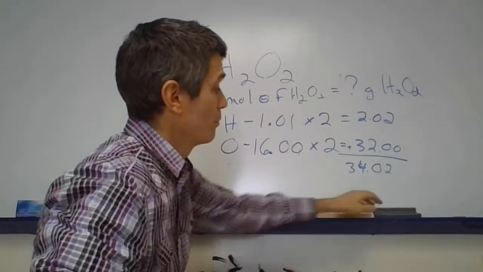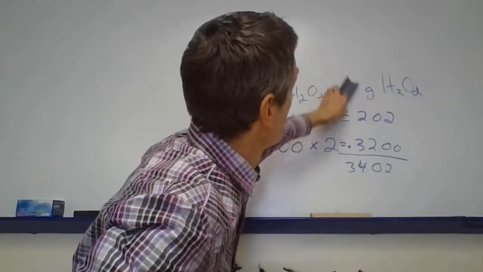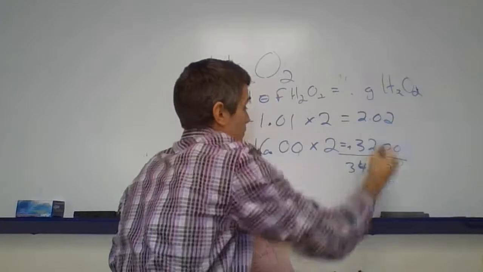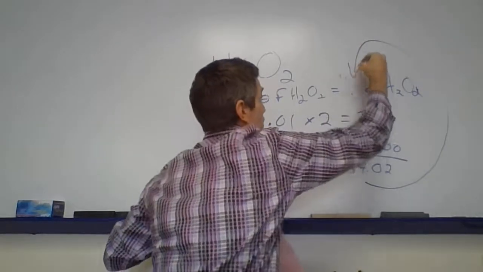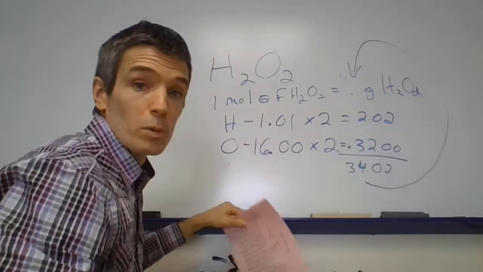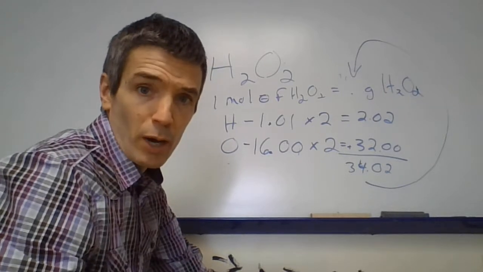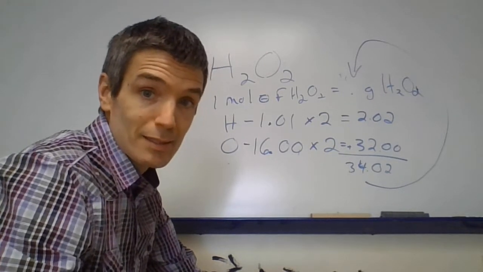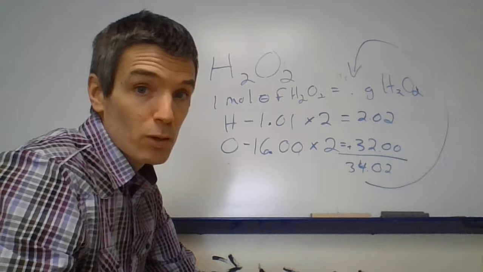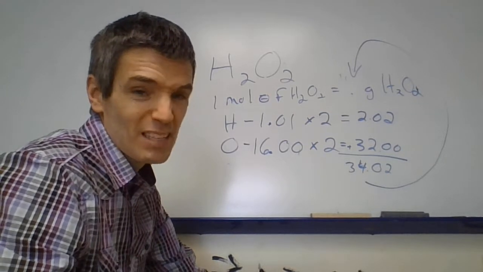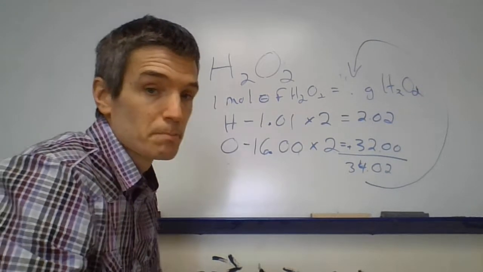So this means one mole of hydrogen peroxide, 6.02 e to the 23rd molecules of hydrogen peroxide have a mass of 34.02 grams.